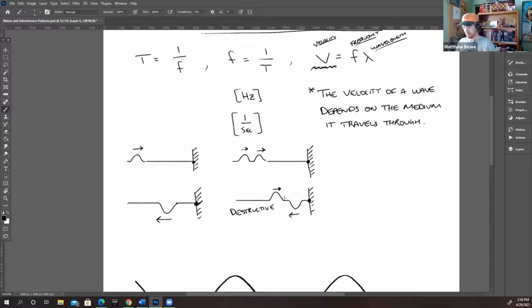If you took a picture right then, it looked like there were no waves at all. But that's not the case, because the waves would continue to move even though they destructively interfere. That second wave will catch up, it'll bounce off the wall and follow along, and they will both continue on their way.